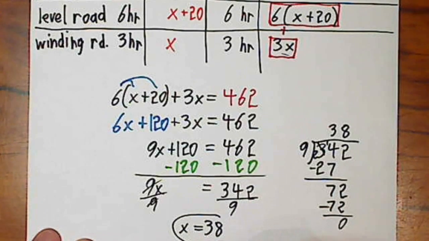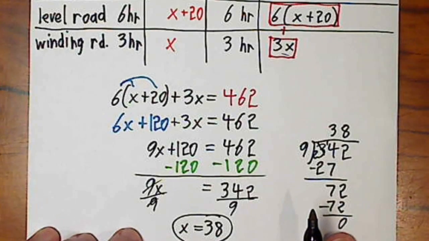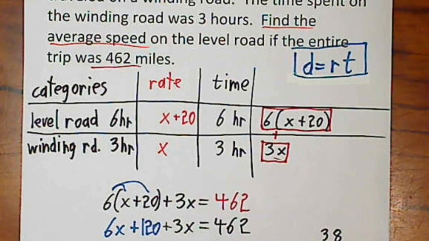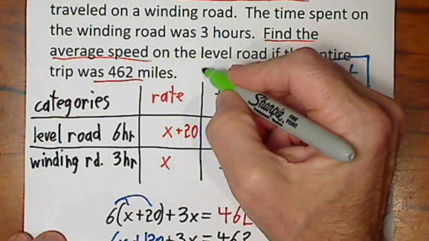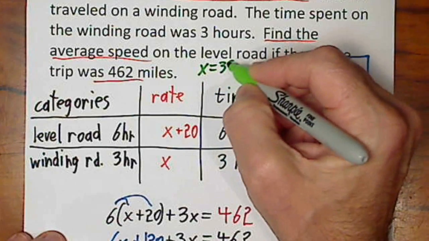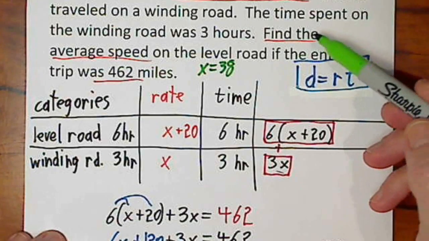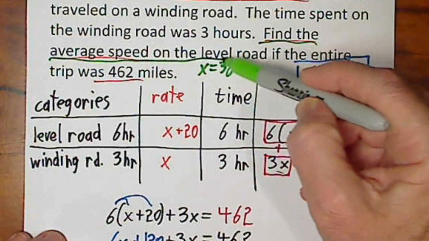So this is what x is, but what did they ask? Okay, so x equals 38. I'm going to bring that information up a little bit, and I'll write it again. X equals 38. Find the average speed on the level road.